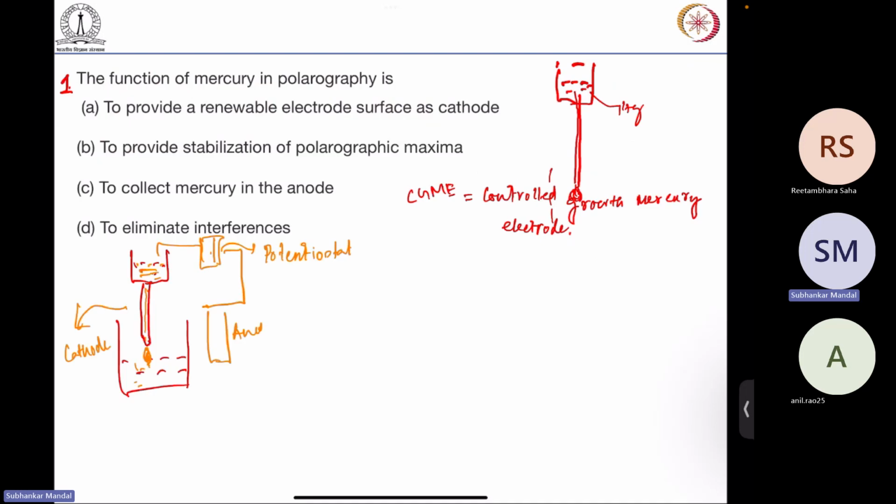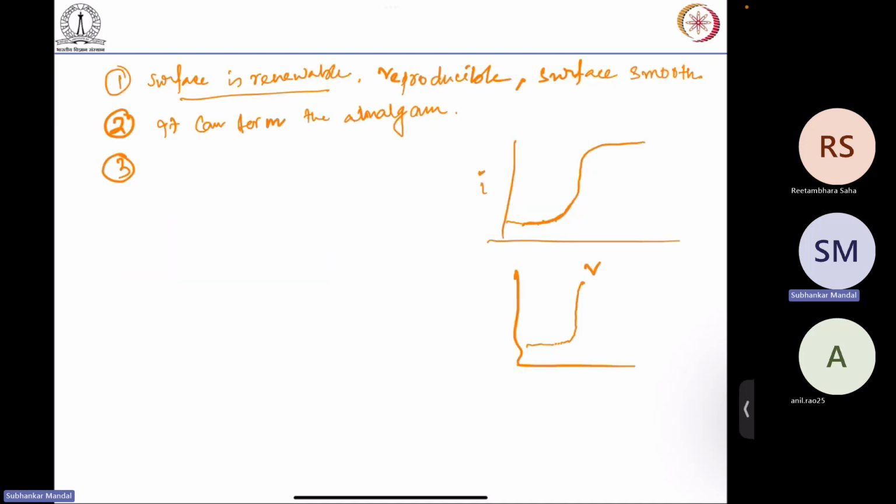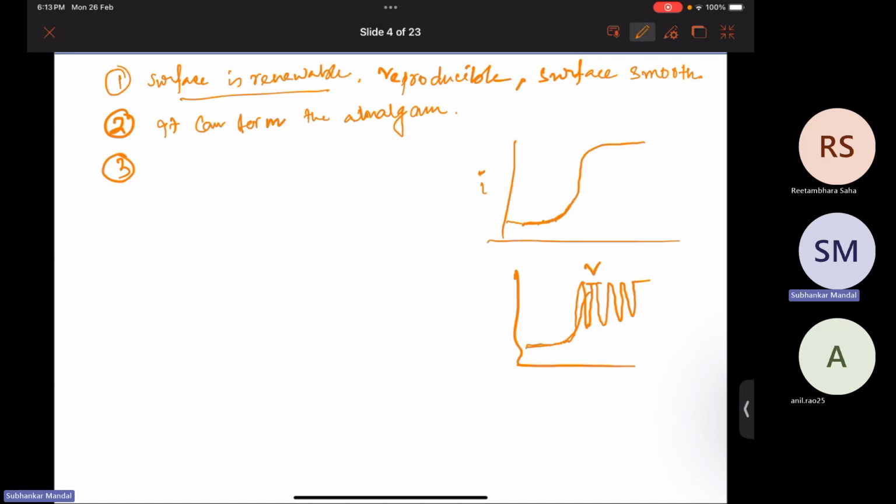So the current drops suddenly. After that, when a new drop of mercury forms, again it will go to the same current value. So it will be like this. The actual case is like this. If you plot for steady state, it will come like this.